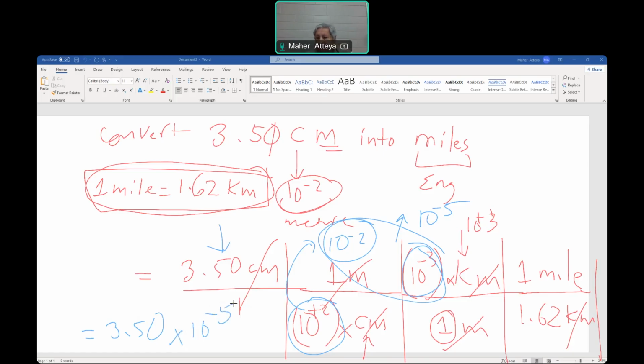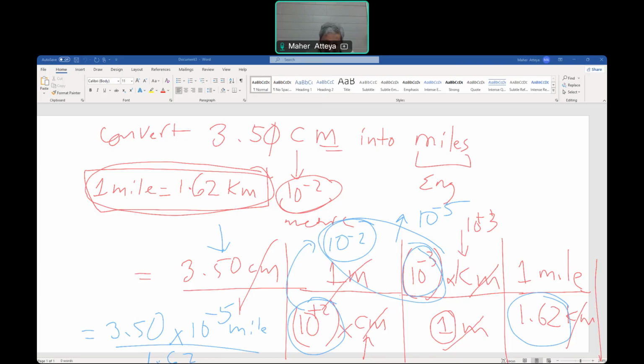And we have to divide by 1.62. My calculator is not working here very well. WebEx recognized the app I'm using as an image, so I can't do anything on it.